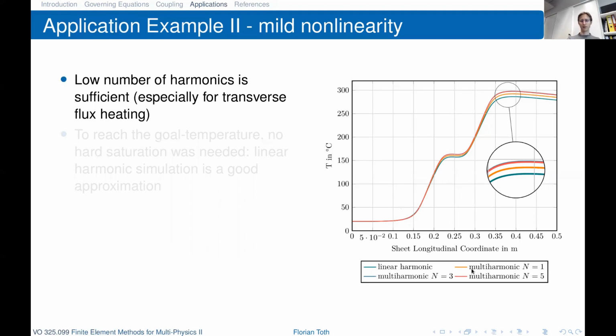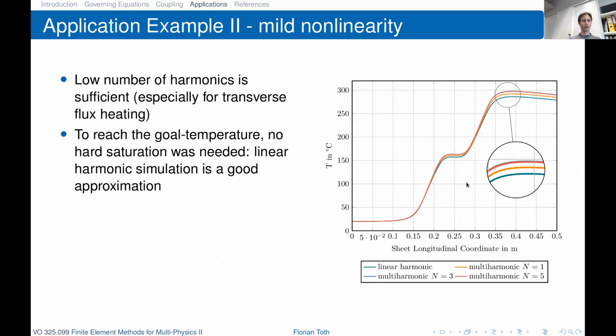What we see here is that when we take an increasing number of harmonics, our magnetic simulation gets more accurate, and we can more accurately compute the losses, and therefore we get a more accurate temperature after the field. In fact, in this case, you see the temperature difference is not that high, so a linear approximation is not that bad in this case.